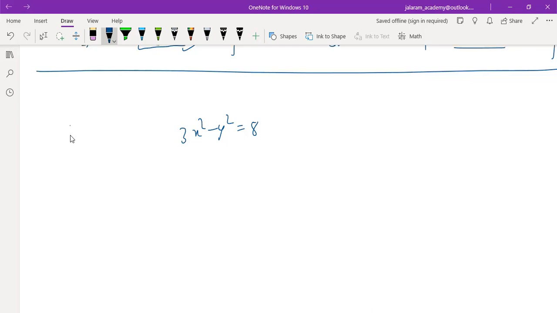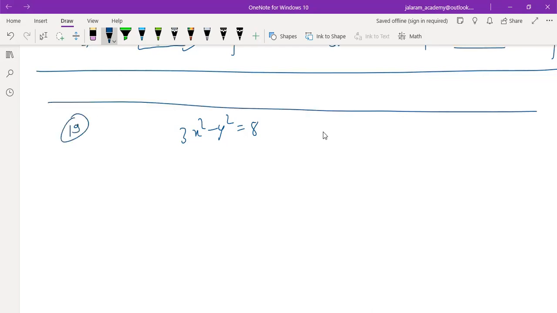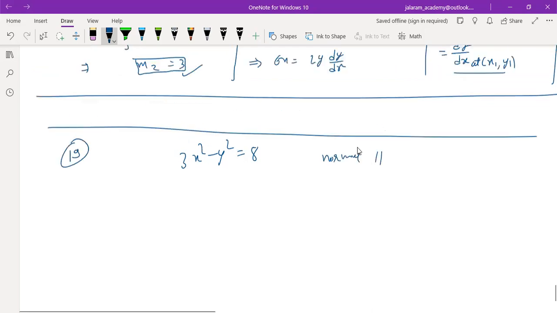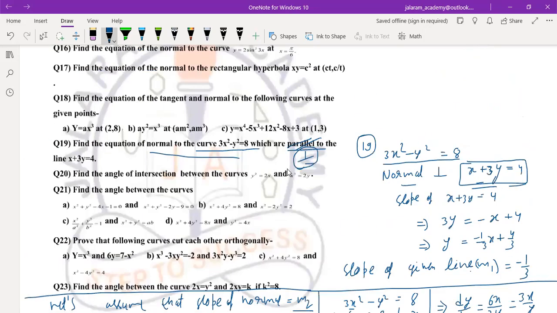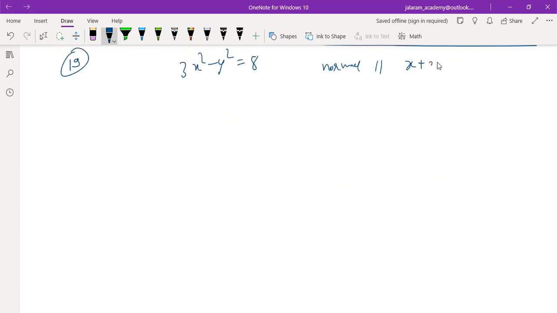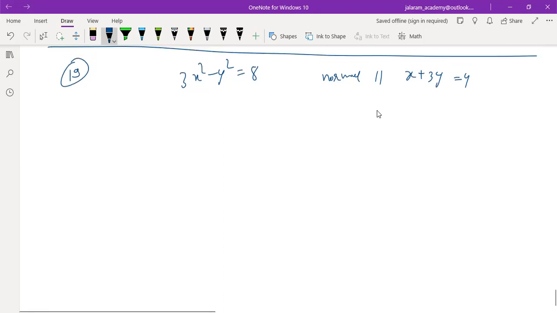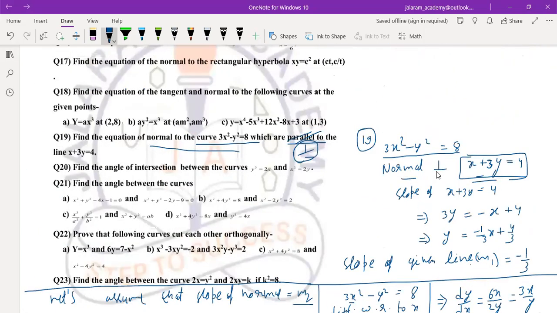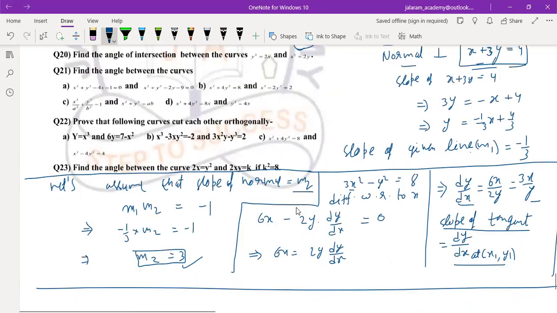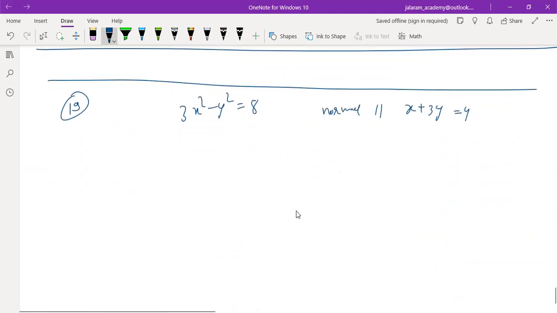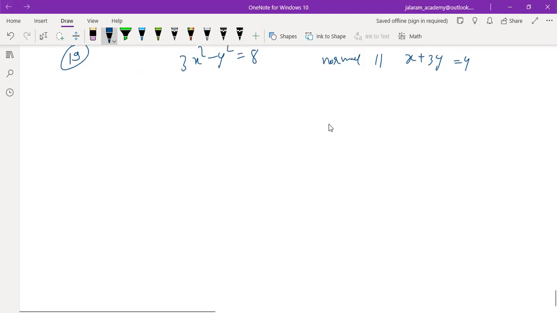This time we have to find the equation of normal which is parallel to the line x plus 3y equals 4, so find its slope also. In the previous case, I took the normal as perpendicular, though it was given that it is parallel. So after discussing that case of normal, now let's discuss the case of parallel also.